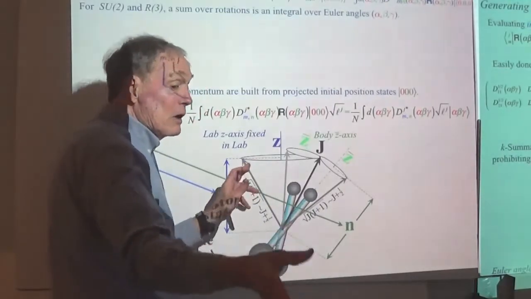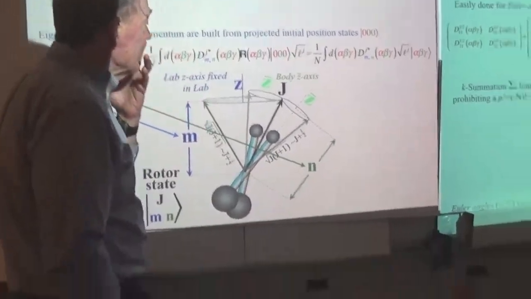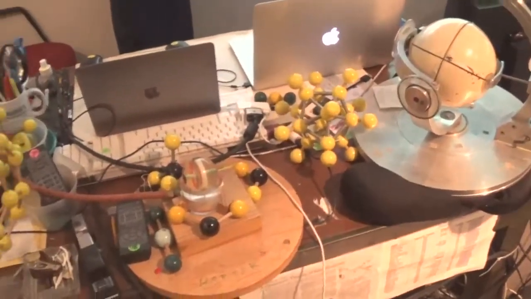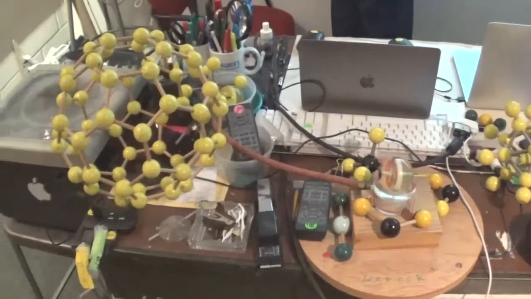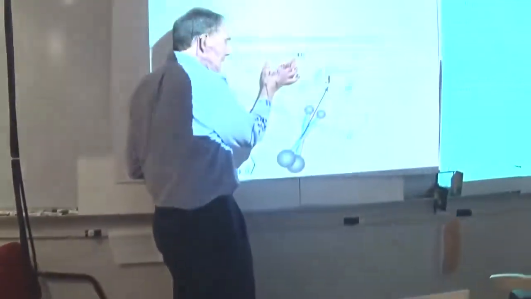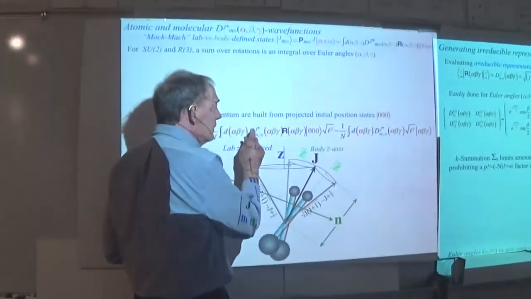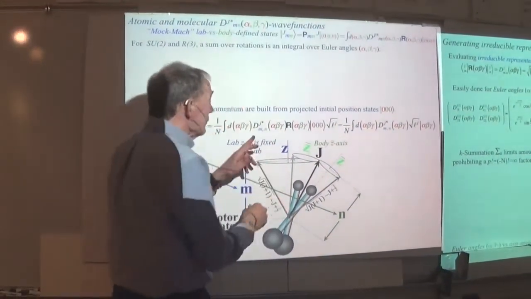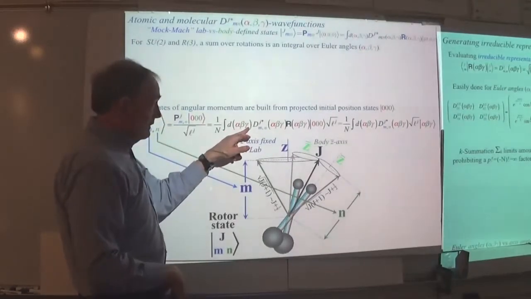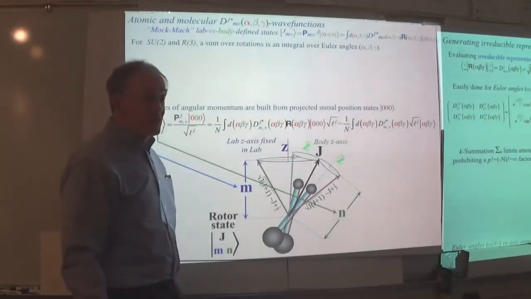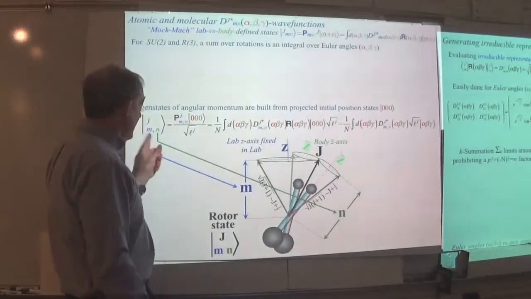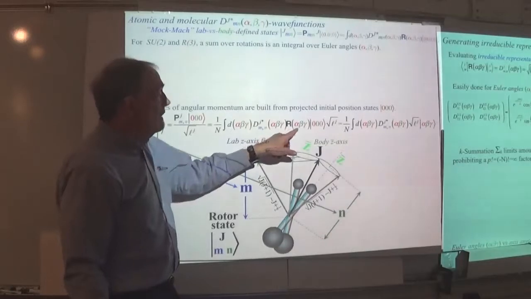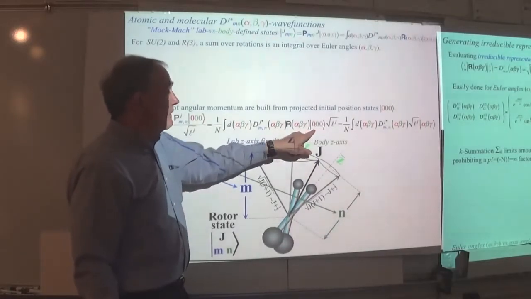And if this were a quantum mechanical object sitting here on the desk, it would be in all of these different positions in lesser or greater degree, depending on what the amplitude of that particular D function was at a setting alpha, beta, and gamma. And we're going to sum over every one of those.